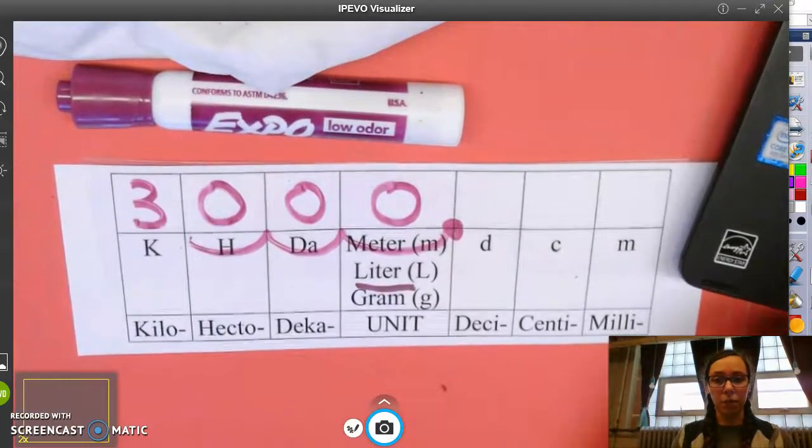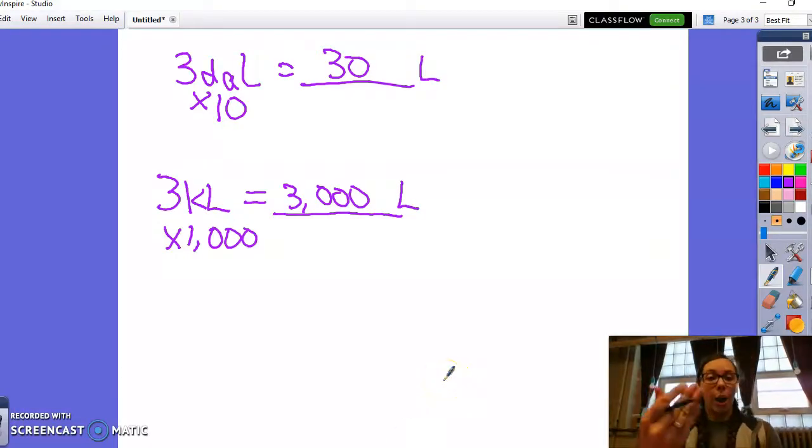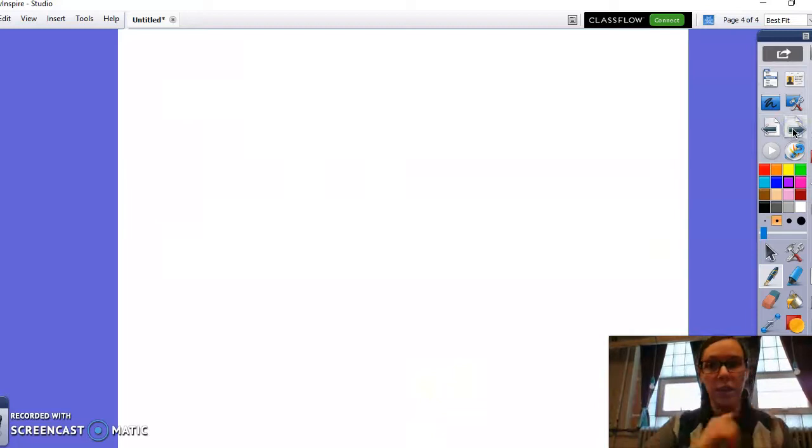Okay? Let's look at the opposite side of things now. If we are wanting to go from a small unit to a big unit.